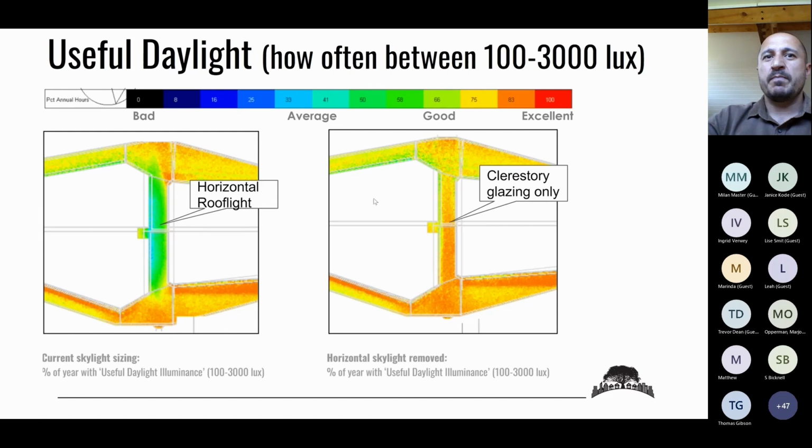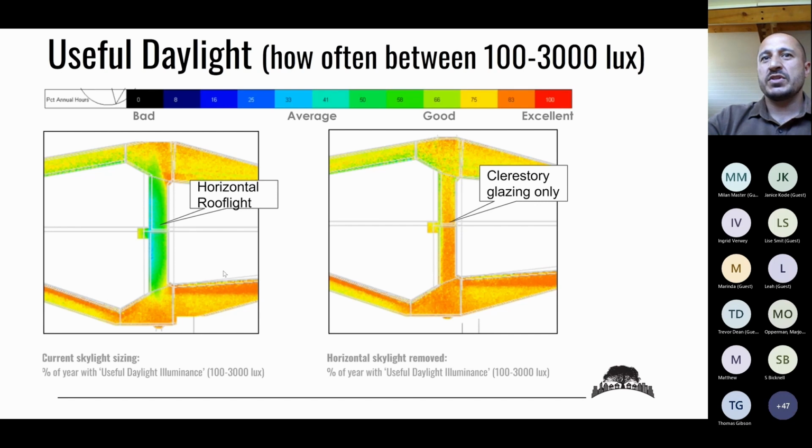If you look at a scenario where we removed the horizontal roof light and just worked with quite a bit of clerestory glazing, the result actually improves because you get a much more even spread of daylight, and your lux levels are not too high.